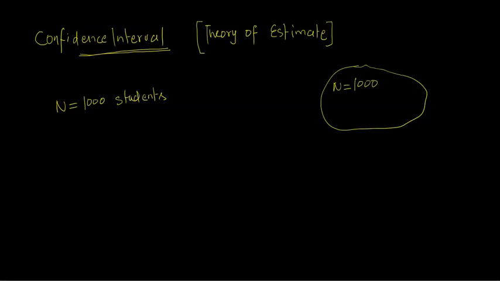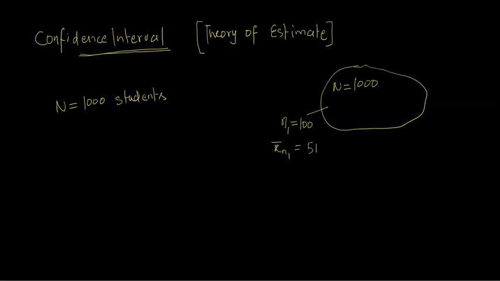And I do not have access to all the 1,000 students. So probably I'll take a first sample of, let's say, 100 students and I calculate their average marks. So I'm writing it X1 bar and I probably find out that their average marks are 51.